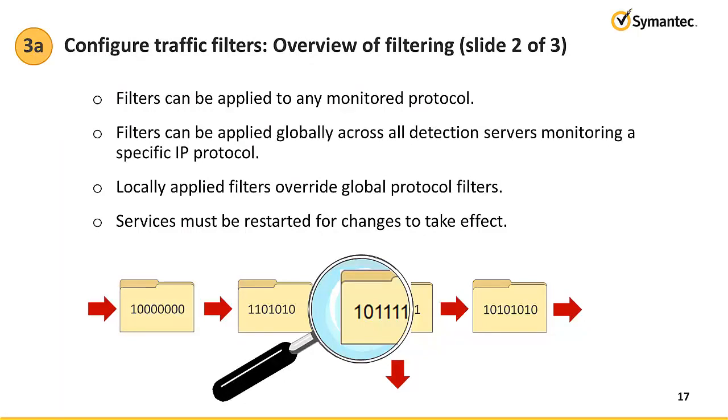They can be applied globally across all detection servers from the System, Settings, Protocols page, or they can be applied locally to a specific detection server, thus overriding global filters, by accessing the detection server's configuration page at System, Servers and Detectors, Overview, the name of the detection server, Configure, and then clicking the protocol to which you want to add filters.